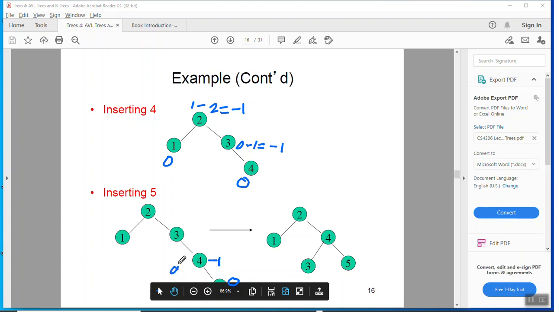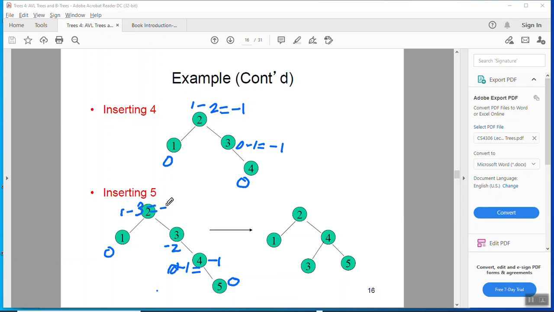Then this is 0 minus 2, negative 2. This fails. And this is 1 minus 3, equal to negative 2.